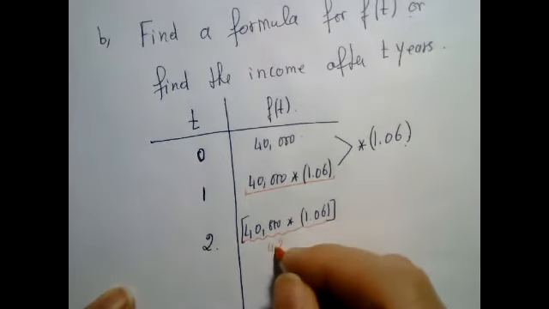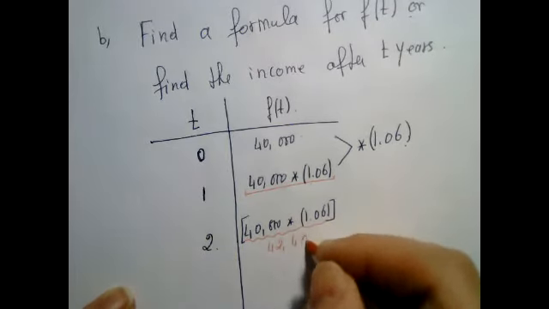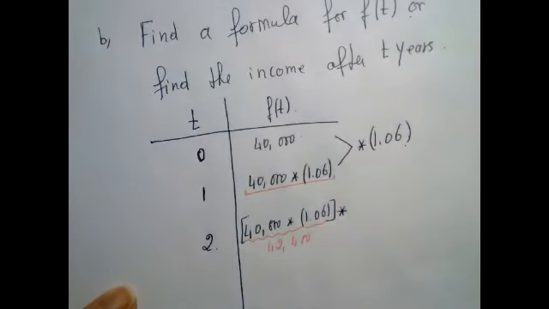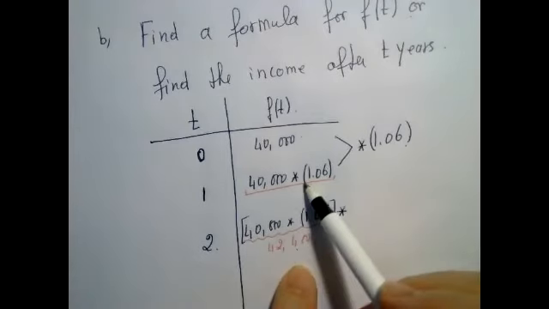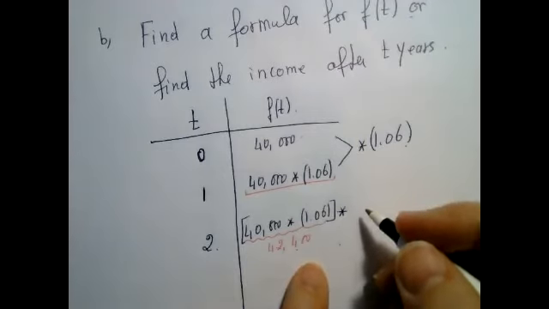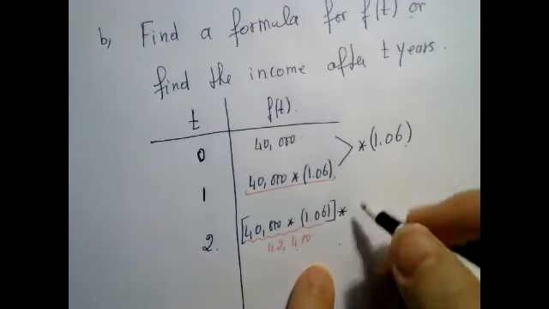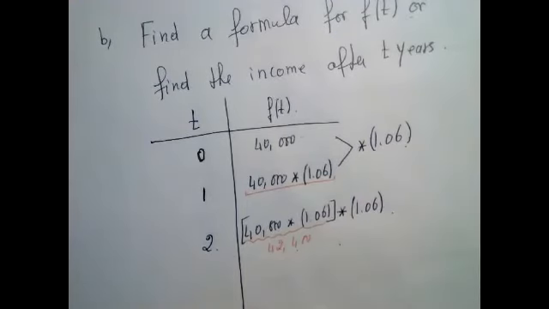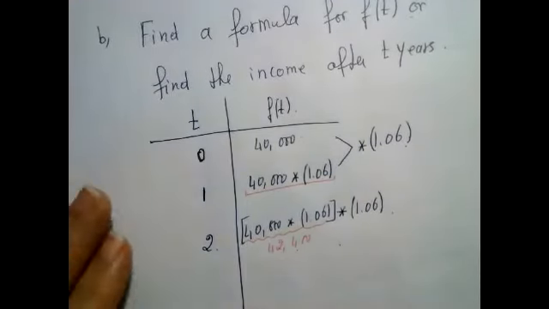But I don't want to write it because I want to show a pattern here. What did we multiply this by? So after 2 years, what's his income? What he had the year before, you multiply it by what? Anybody? You multiply it by 1.06. So you multiply it again by 1.06.